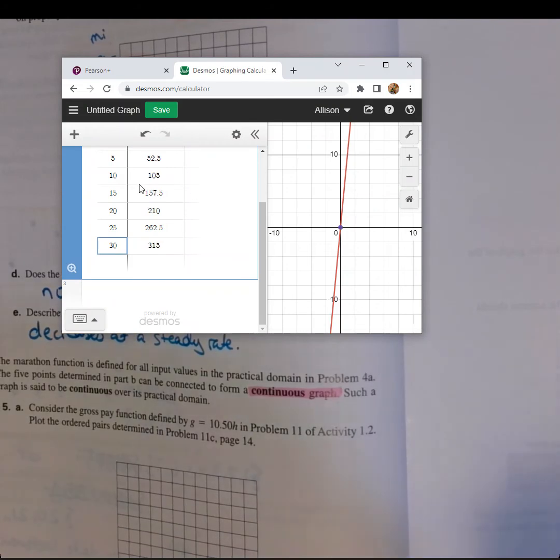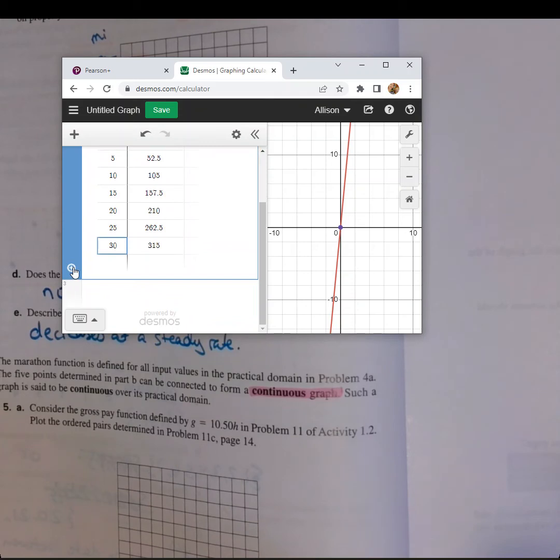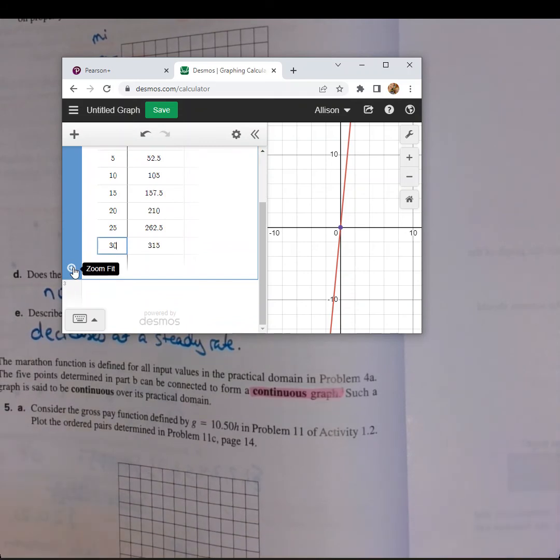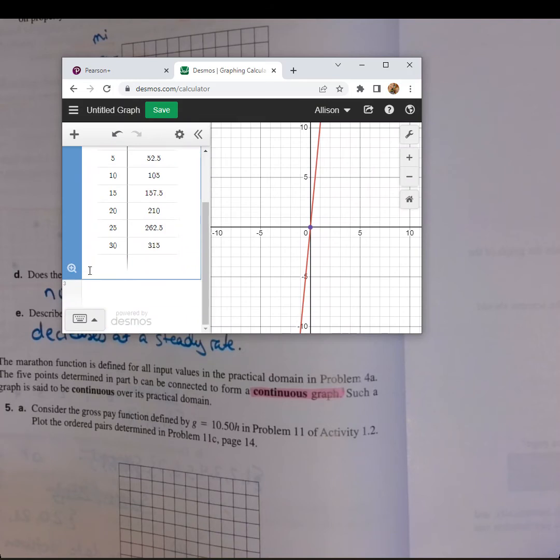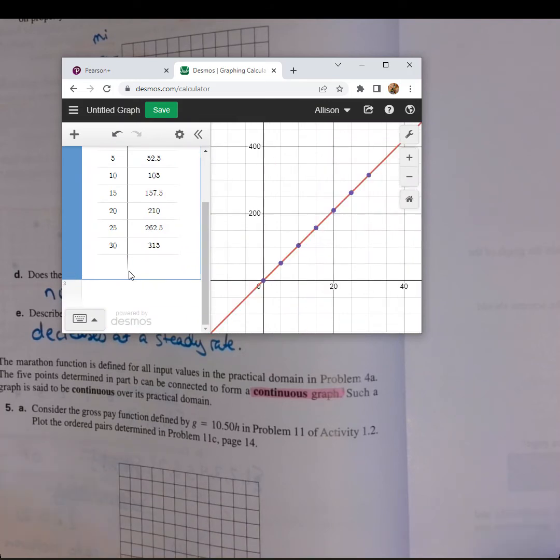So if I have a table of values entered, there's going to be a magnifying glass at the bottom corner of the table, which if you hover over it says zoom fit, and if you click on that, let me shrink this down just a tiny bit so my graph becomes wider. If I click on the zoom fit, you'll see that it resizes the window to best display the values that are in the table. And so this is what the function looks like.